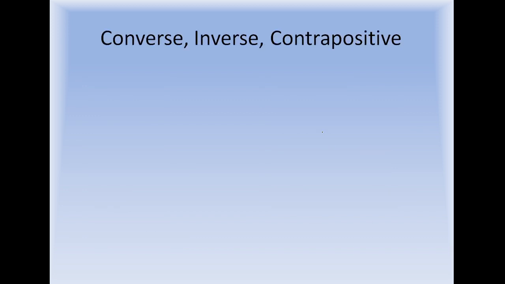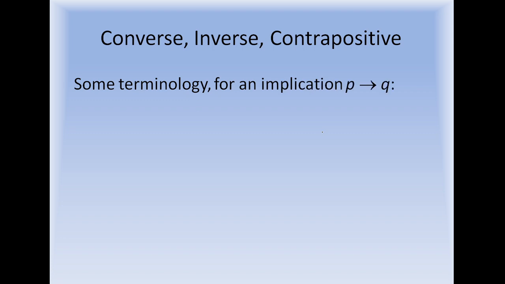Now let us try to understand something related to P implies Q: its converse, inverse, and contrapositive. Some terminology for an implication P implies Q. The first terminology is converse.